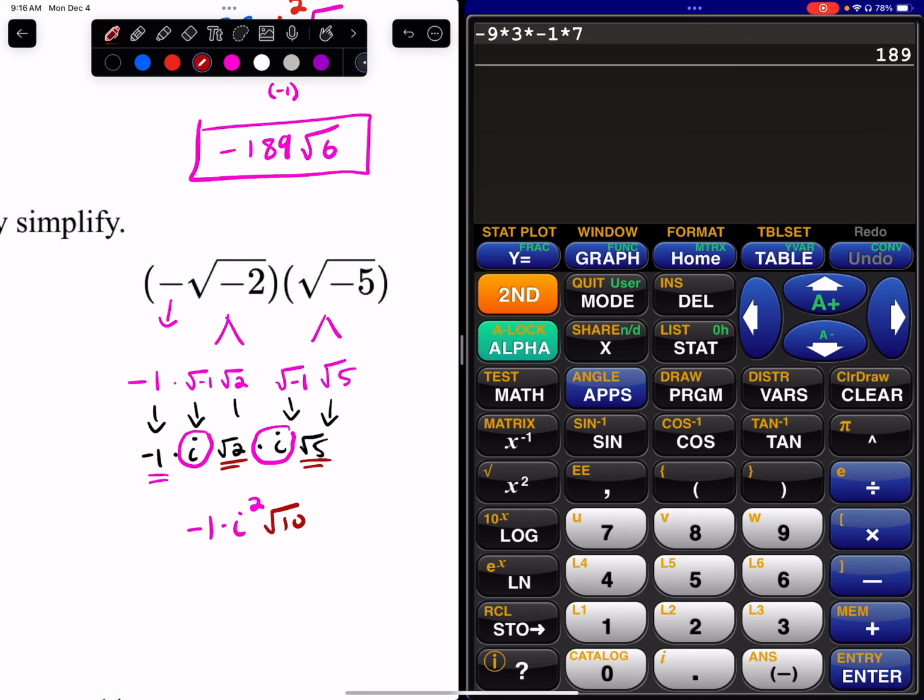So we can see here that now we have negative 1 times i squared, which also becomes negative 1. And then radical 10, there's nothing we can do. So negative 1 times negative 1 is positive 1. So our answer to that would simply be the square root of 10. Okay?